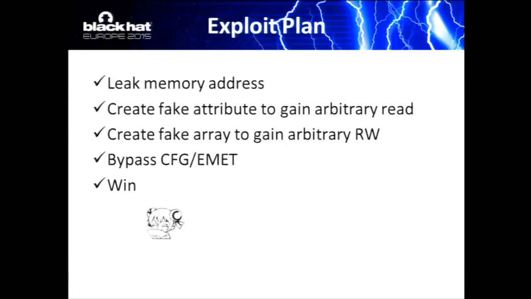So we can achieve arbitrary read by making a fake attribute of uint pointer type. And then we can achieve arbitrary write by making a fake JavaScript int array. With the ability to read and write arbitrary memory, we can set our shellcode and bypass CFG, bypass CET, finally get RCE, remote code execution. Okay, let's go through each step in detail.